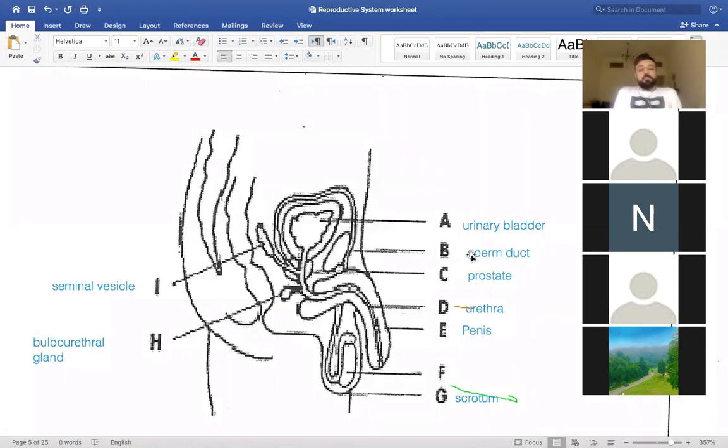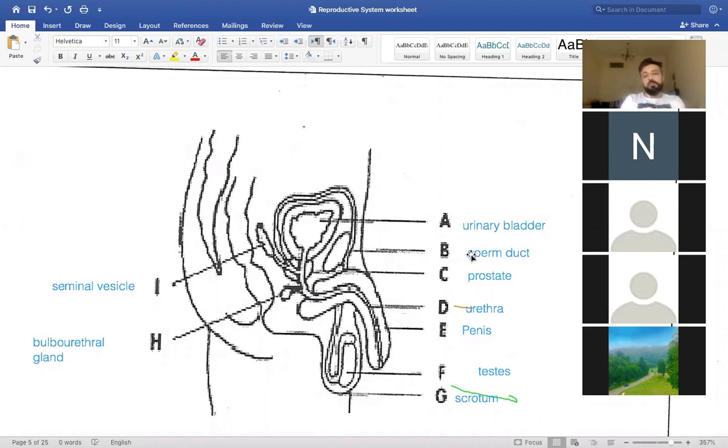Testes. Sir, how do we know if they're talking about the testicles or the epididymis? There's no label for epididymis here. This F is the testicle, the big one, but the zone next to it, who can label it? I labeled it.